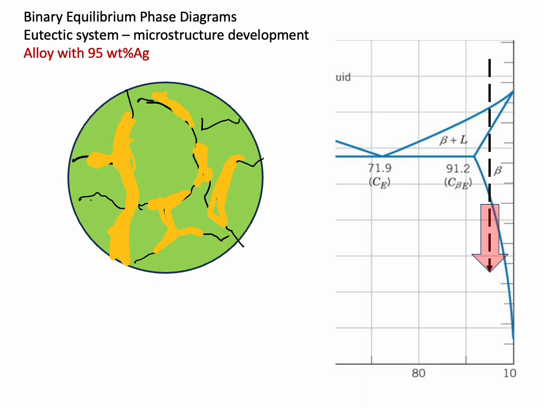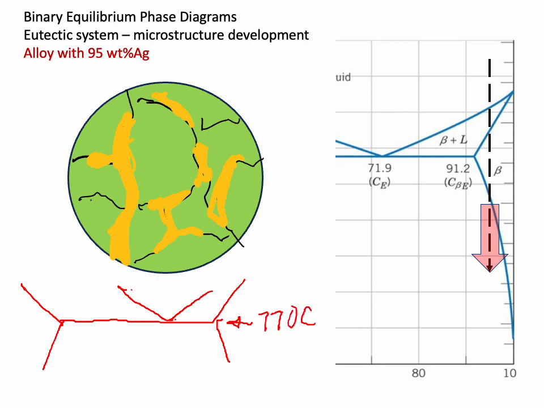So the 5% that we just saw, and this 95 or 97 or whatever, they are on two sides of the line that defines the eutectic temperature. So this line, which was at 770 or so C, that's a eutectic line.